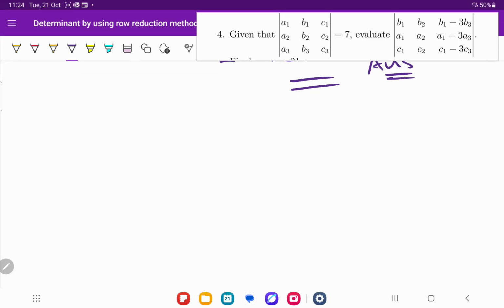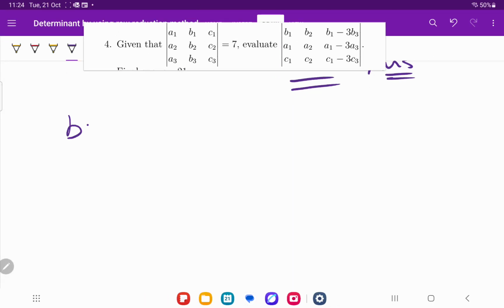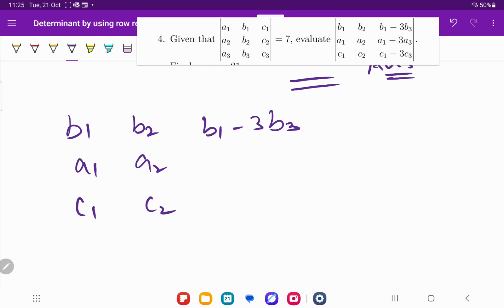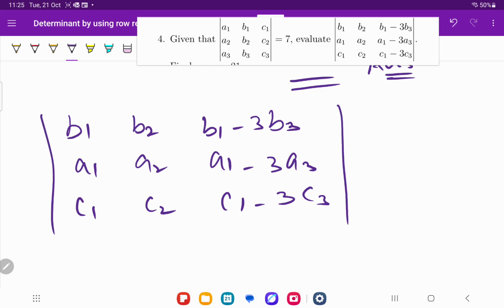We have to compute the determinant with columns P1, B1, A1, C1, B2, A2, C2, B1 minus 3 B3, A1 minus 3 A3, C1 minus 3 C3. We have to evaluate this one.